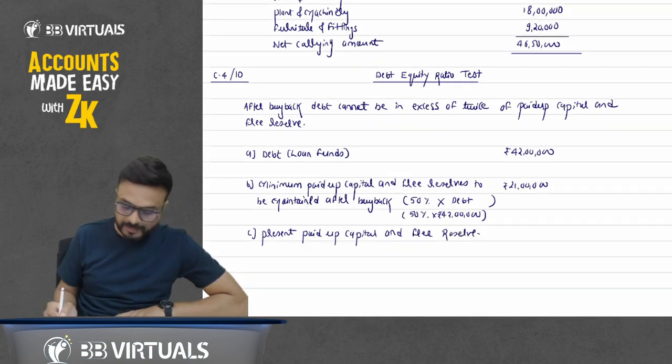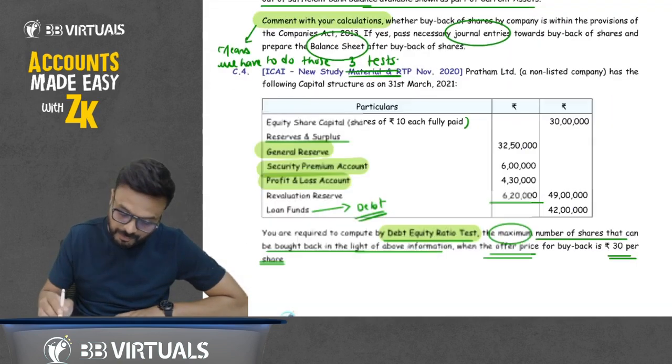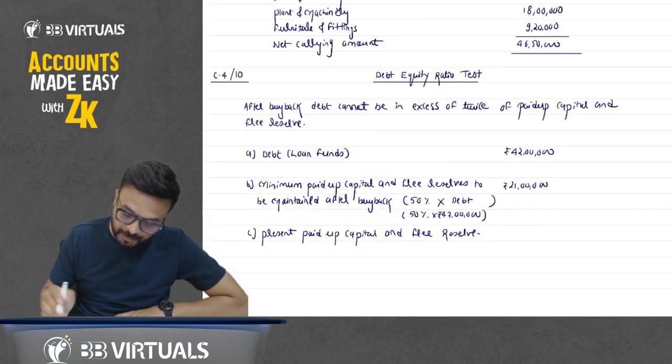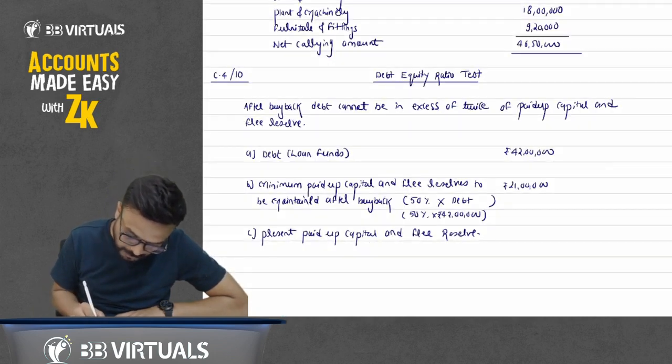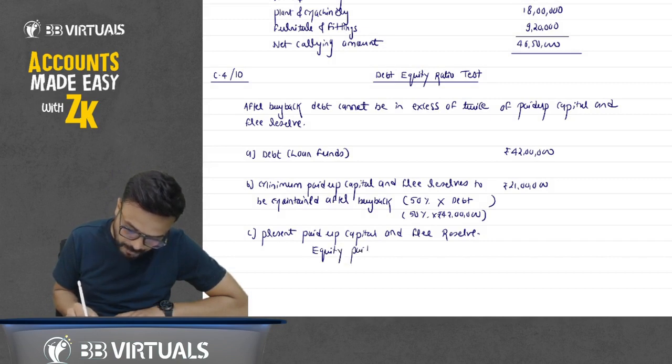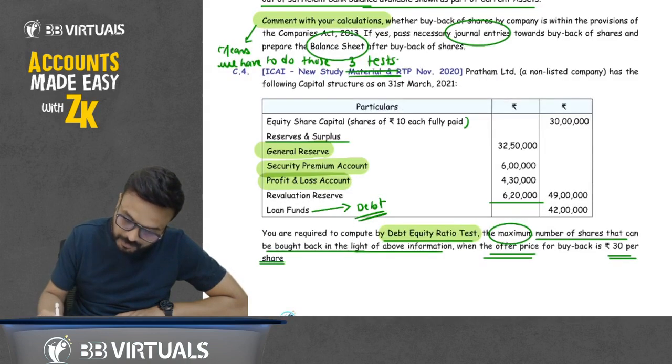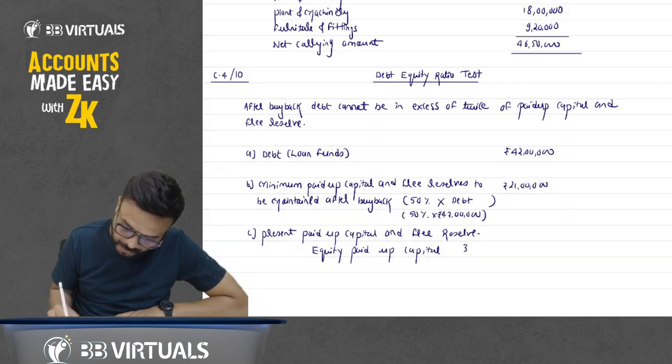Write down here, in the question, equity share capital paid up is 30 lakhs. So write down equity paid up capital, which is given, 30 lakhs.